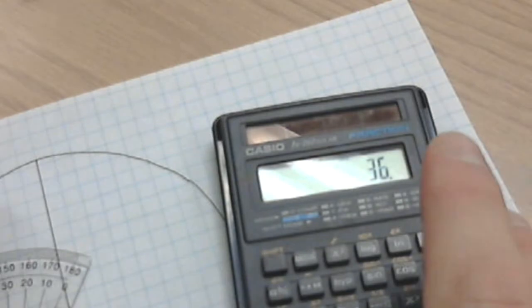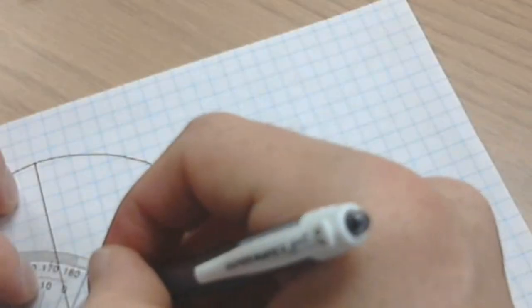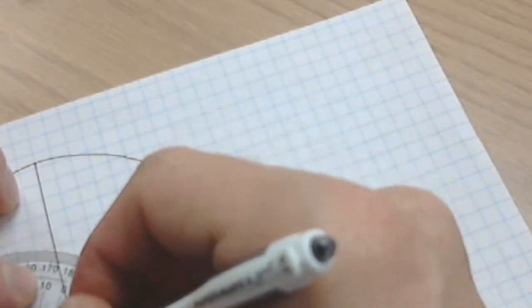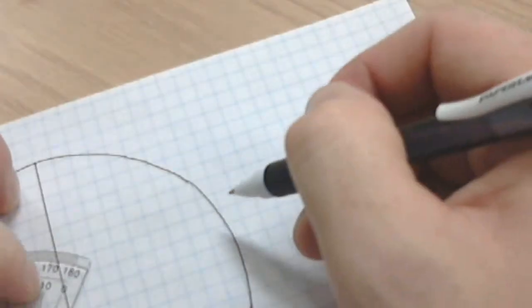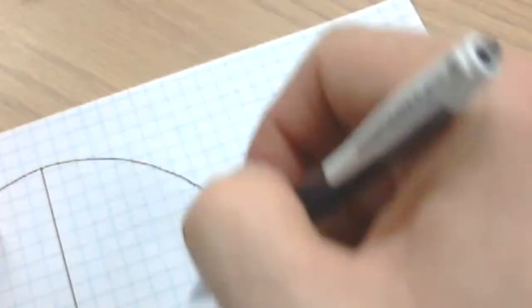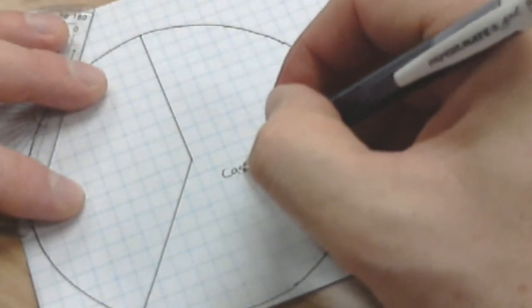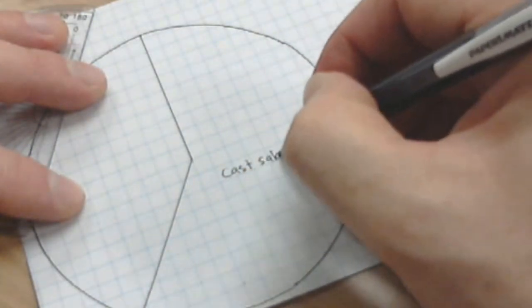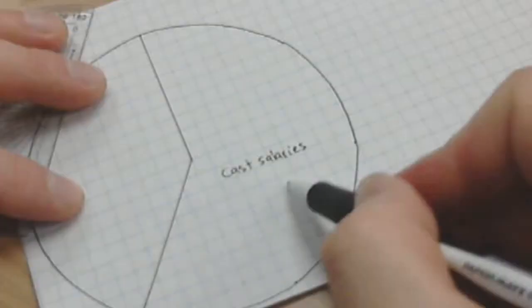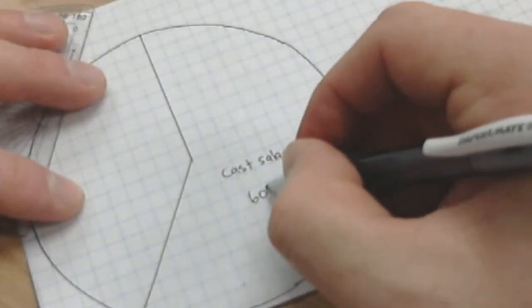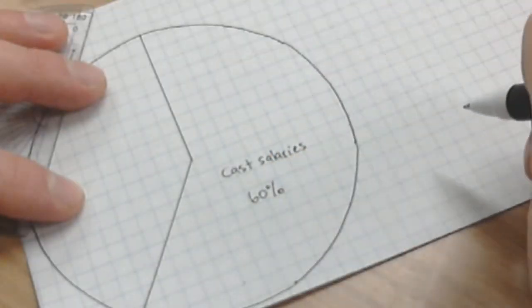So you add another 36 degrees onto the second side of the circle, because it's a reflex angle. This whole part here is cast salaries. I put a label in here, and it's 60%.